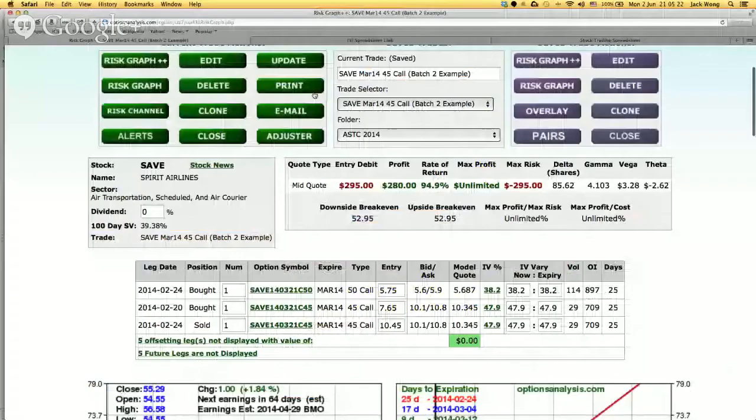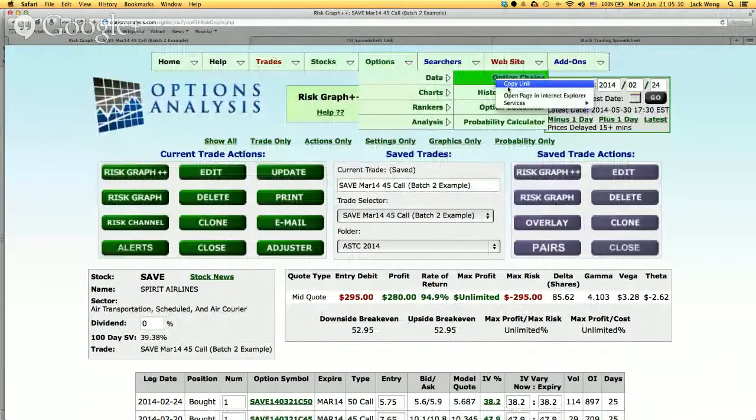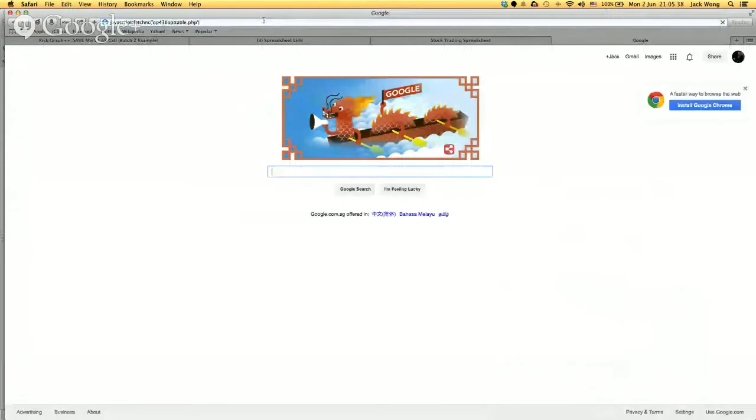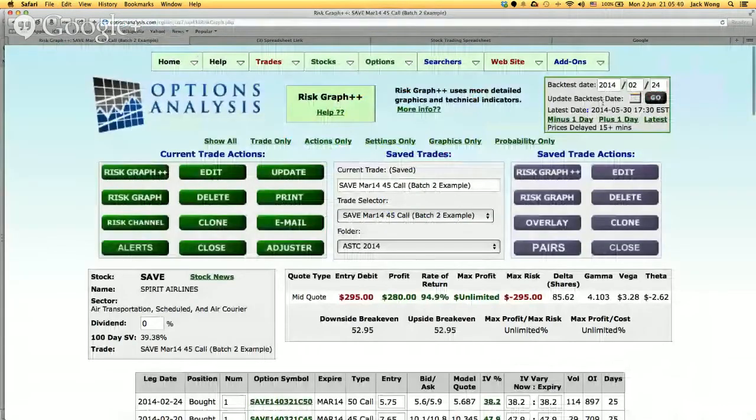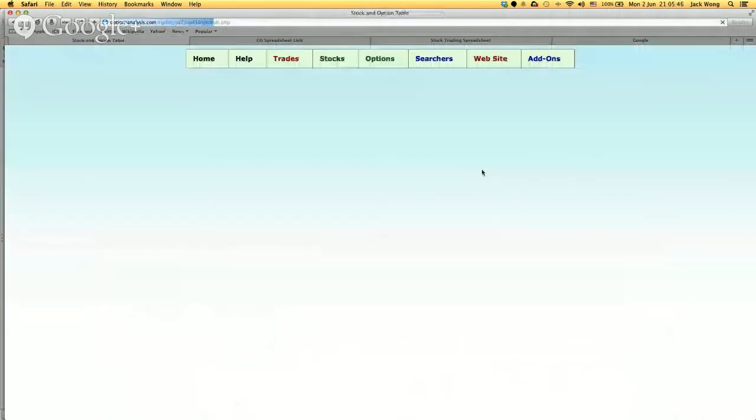I'm going to open the option chain to show you how to do this. Hold on for a second. I need to go to display the options chain for the 24th.